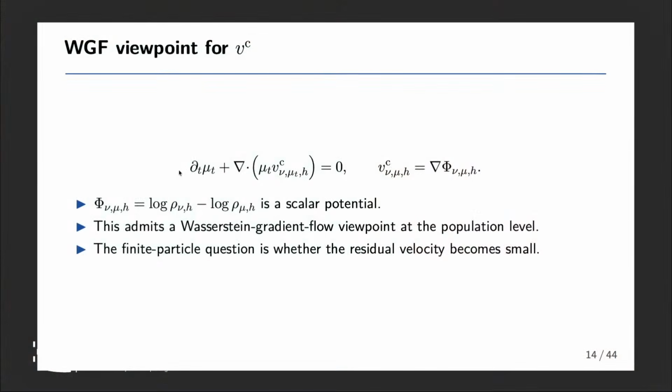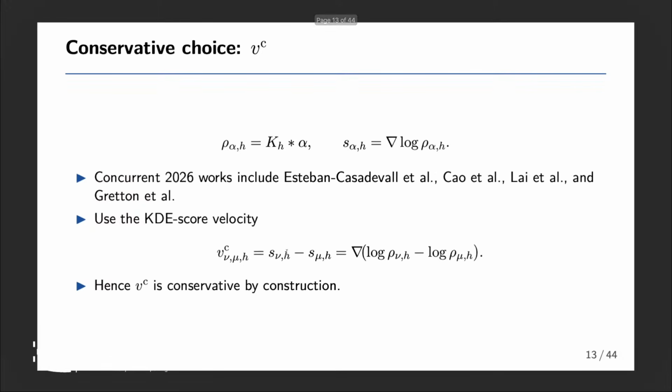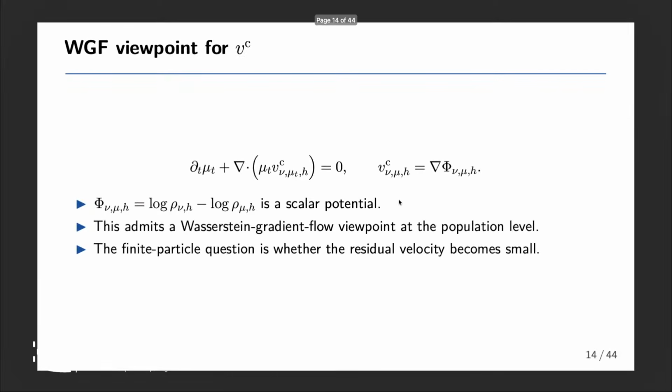So if you have the standard continuity equation of this Wasserstein gradient flow with this Vc, which is the conservative velocity field proposed here, you can think of the phi as a scalar potential, and think of the velocity field as the gradient of the scalar potential. So you can think of the whole drifting from a Wasserstein gradient flow perspective.